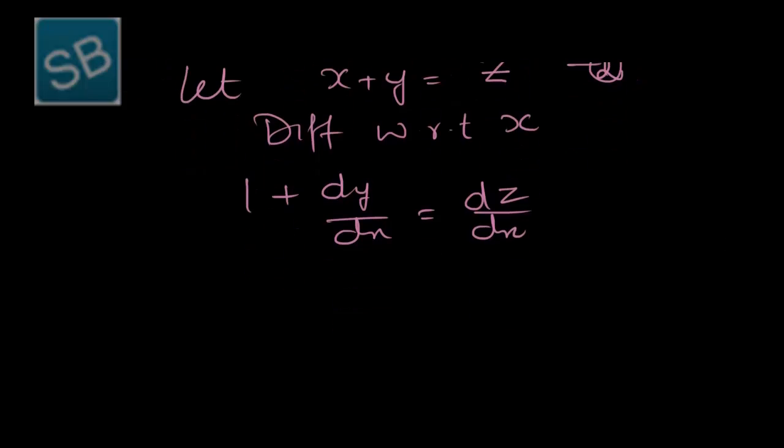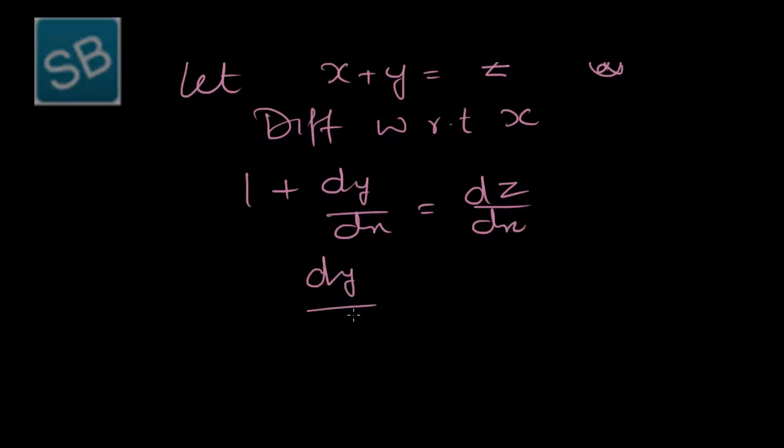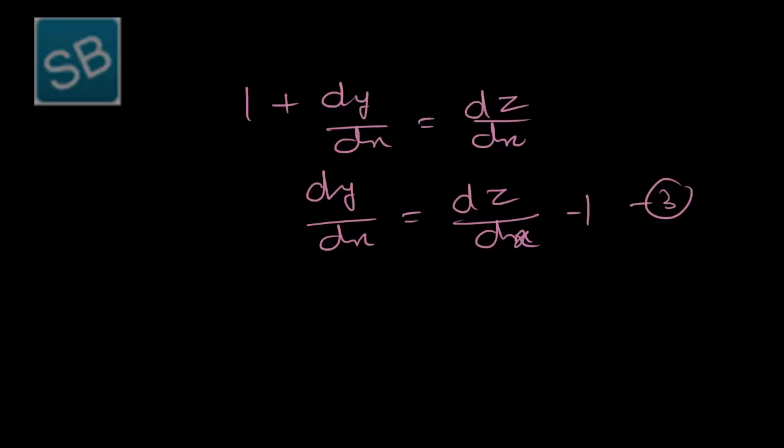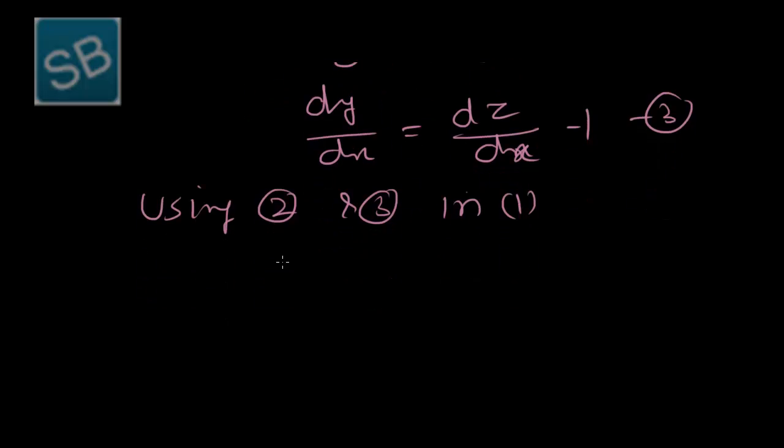That gives dy by dx is equal to dz over dx minus 1. So this is number 3. So using 2 and 3 in number 1, we will get dz over dx minus 1 is equal to z square.